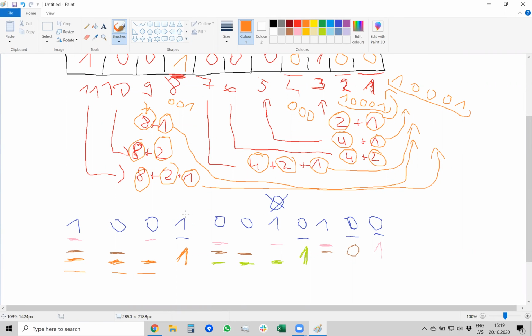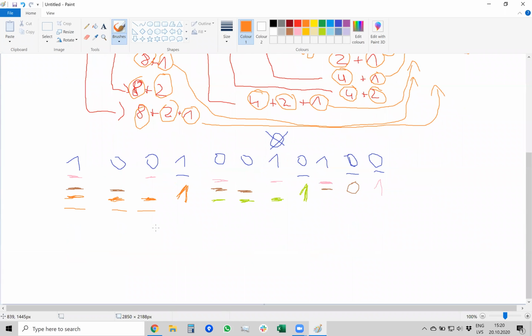So the sender calculated parity on number 8, it's the same as our parity. So we know that the mistake is not in these 3 bits.